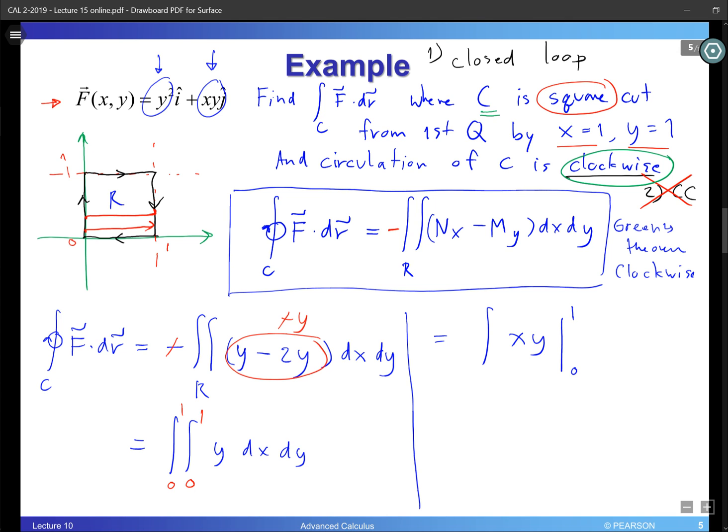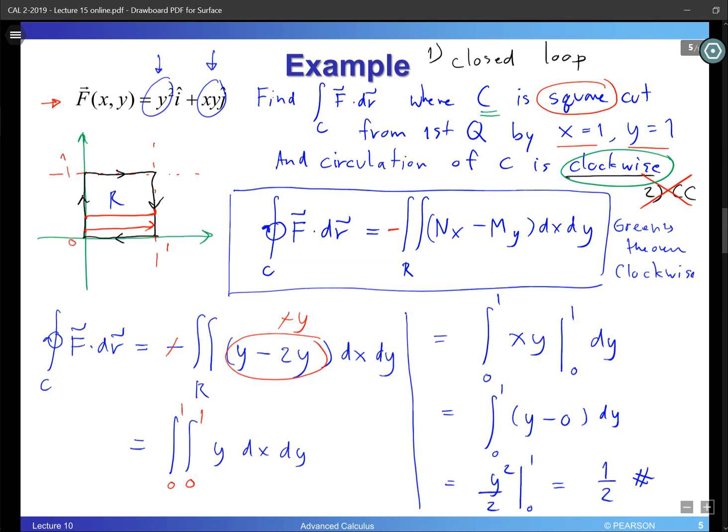And still, I need to integrate this with respect to y, starting from y equal to 0 and ends at y equal to 1. Now this is equal to the integration of y minus 0, from 0 to 1 with respect to y. This is equal to y squared over 2, from 0 to 1. And of course, this comes out to be 1 over 2.